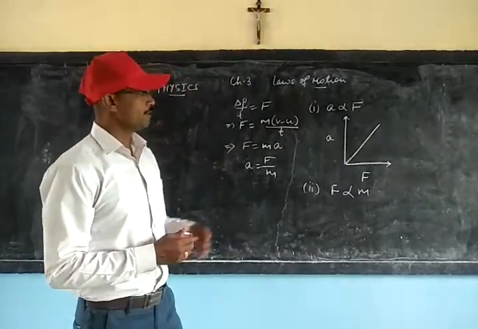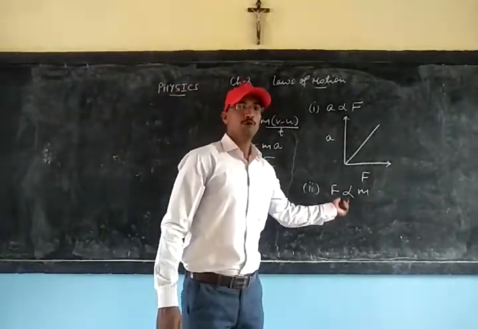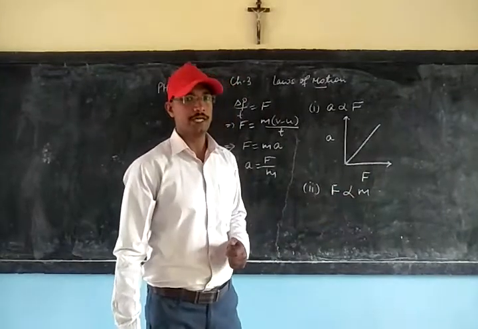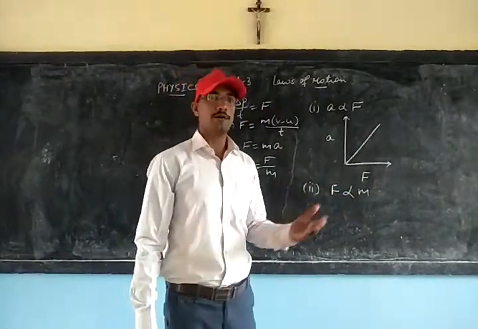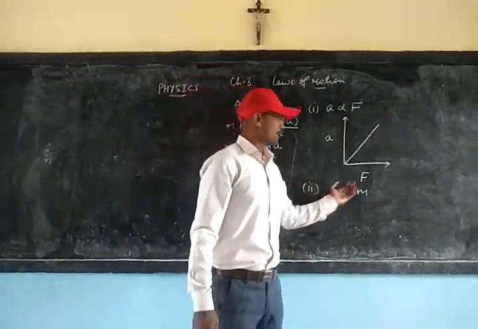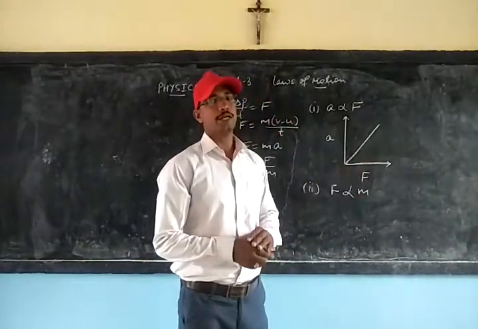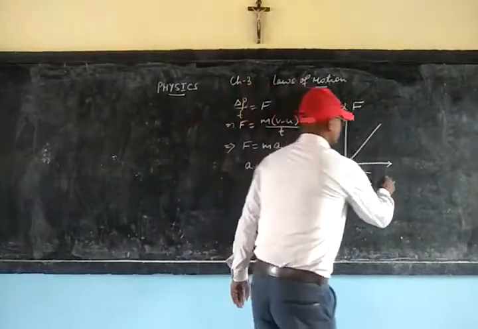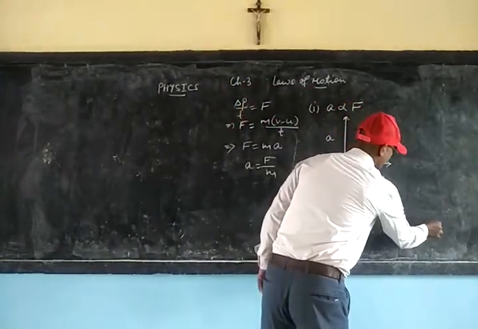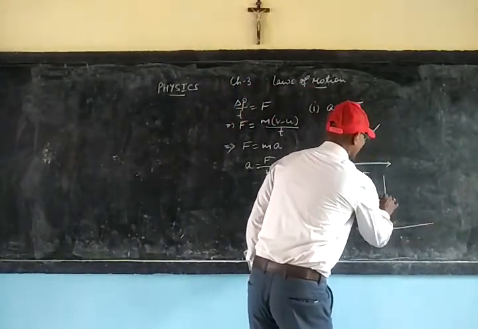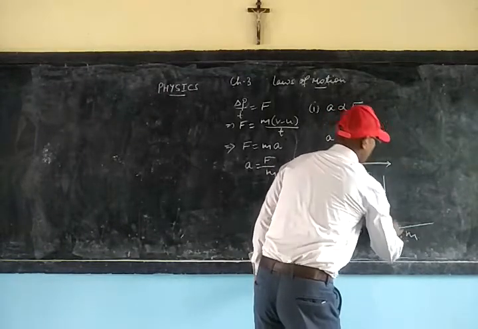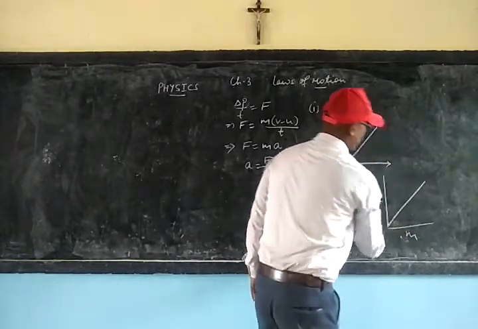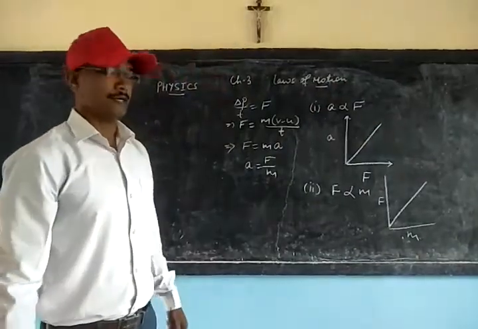So here we can see, more the mass, more force is required to produce acceleration. So here also the graph of force against mass will be a straight line inclined to the x-axis. This is force against mass, which will be an inclined line.